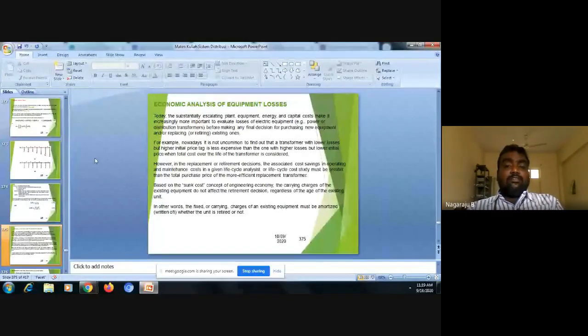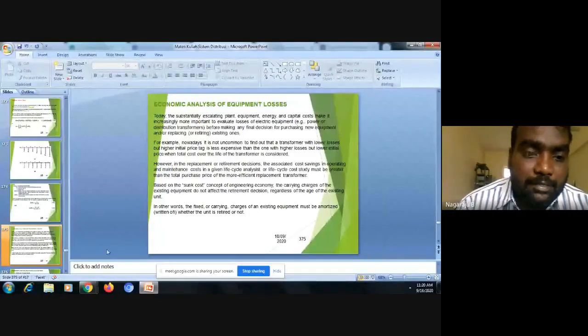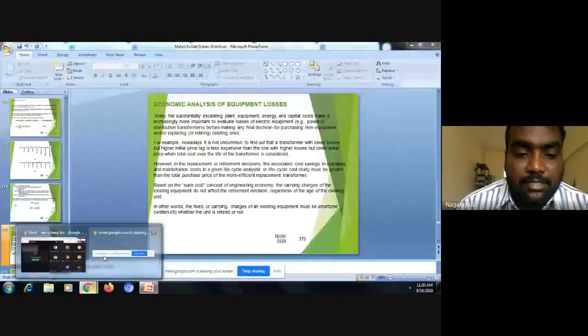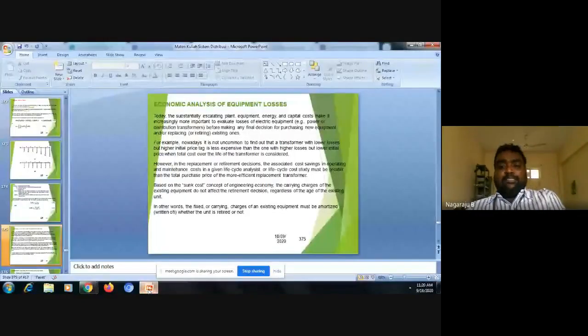Okay, however, for replacement decision purposes, or retirement decision purposes, the associated cost savings in operating and maintenance cost in a given life cycle analysis or life cycle cost study must be greater than the value of the total purchase price of the more efficient replacement transformer.